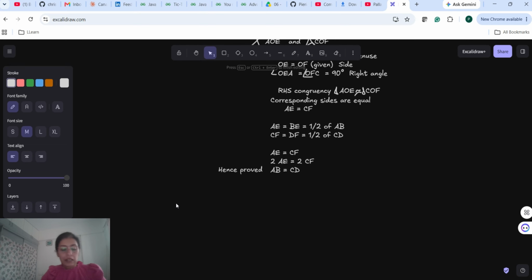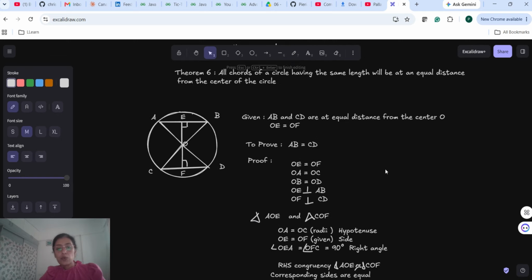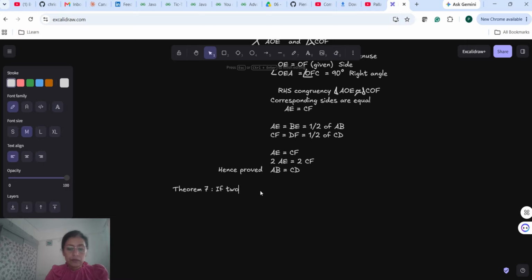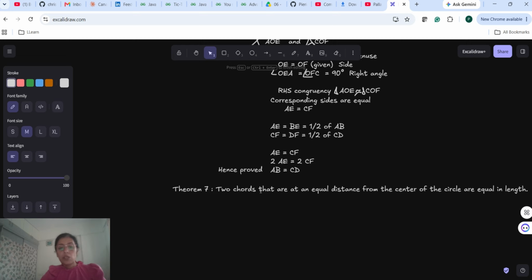So if we write it in the terms of a theorem, which will be theorem 7, it will be: two chords that are at an equal distance from the center of the circle are equal in length.